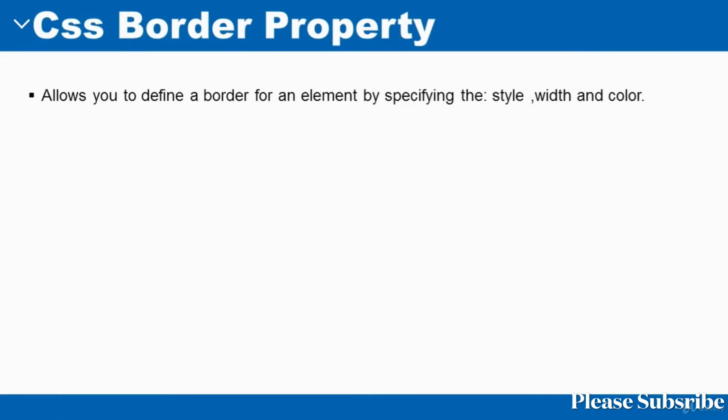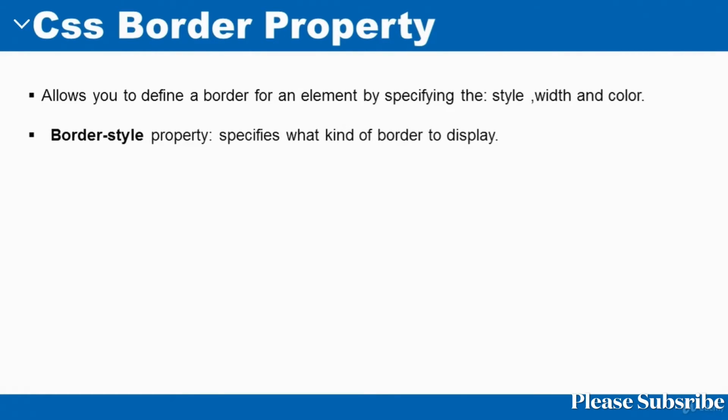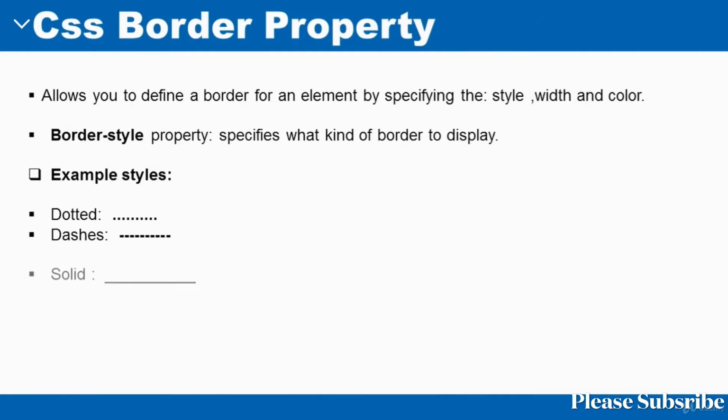The border style property specifies what kind of border to display. There are different types of borders. Examples include dotted borders, so the borders will appear dotted. You've got dashed borders and solid borders.